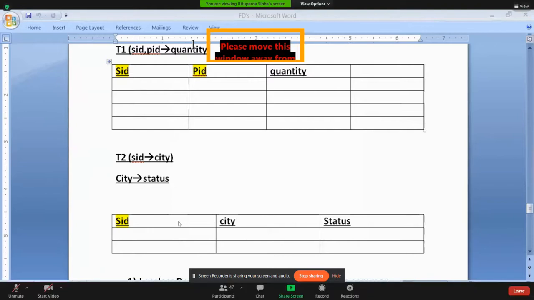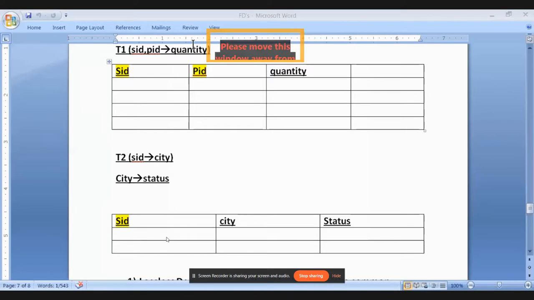Abhyast Kumar, are you there? Abhyast Kumar is not there. I am putting him in the waiting room. Next.